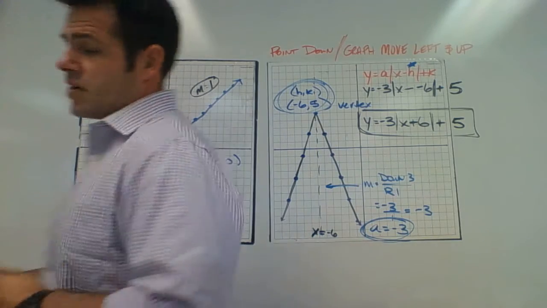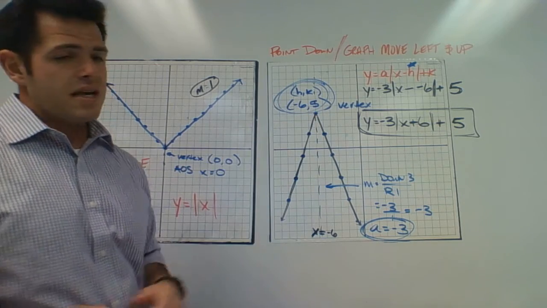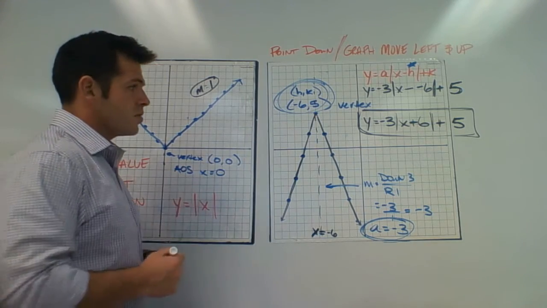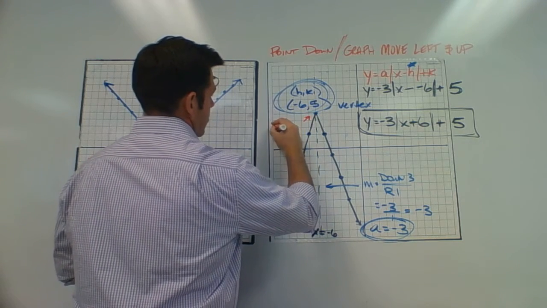Now that the graph is pointing down, we know that this point right here is actually not a minimum. Before it was a minimum, now it's a maximum. I can go ahead and label that if I wanted to, that this is now a maximum.